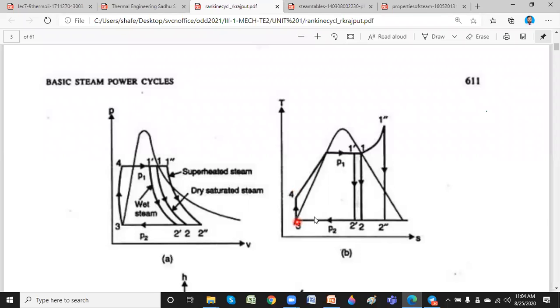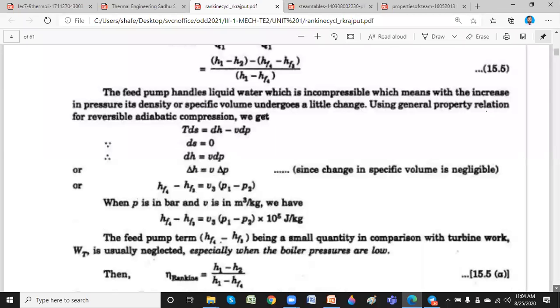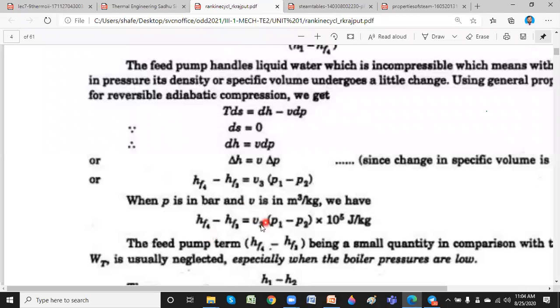That is H4 minus H3 is equal to... Okay, let me show you that so that I can finish it off. Now, how to take the pump work? This is in terms of pressure and volume. So how to find HF4 minus HF3? I will expand this a little bit. H4 minus H3 is equal to, assuming that the volume of water doesn't change much, V3, the volume of water I'm taking into the pump, and I'm compressing it from condenser pressure P1 to the boiler pressure P2.